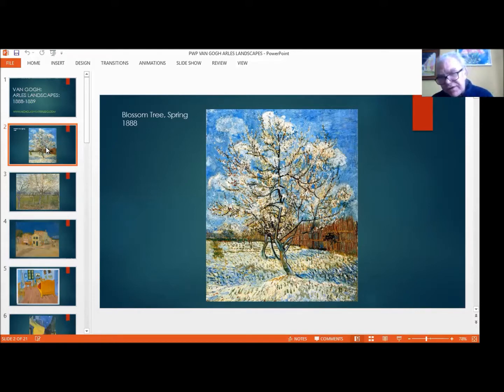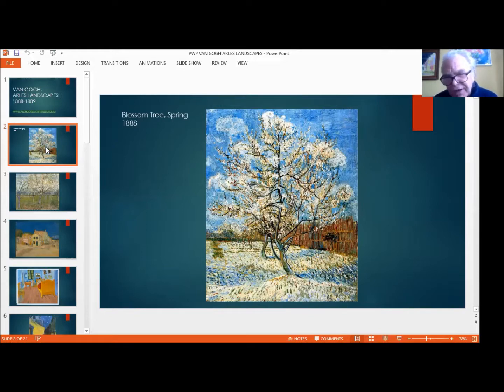And in this painting, his first in Arles, he's still using Impressionist painting techniques, which is to say, he's using literally broken strokes, different individual strokes of colour placed against one another, not on top of one another, but against one another, to create this optical mix of colour, which you see in Impressionism.